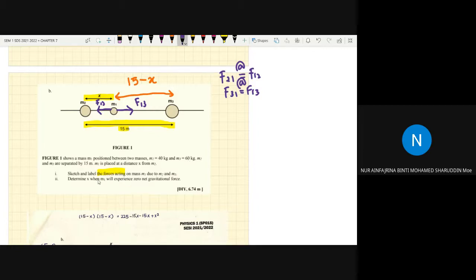Okay, now, sketch and label the forces acting on mass 1 due to M2, M3. Okay, we are done. So, ini adalah macam mana awak sketch the forces. Miss nak tanya, dia ada force apa? Anyone?